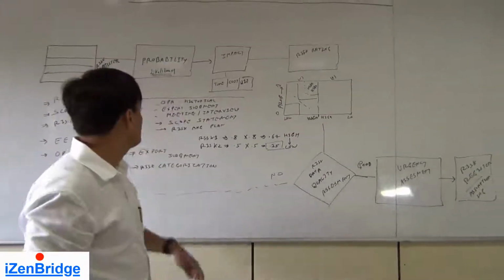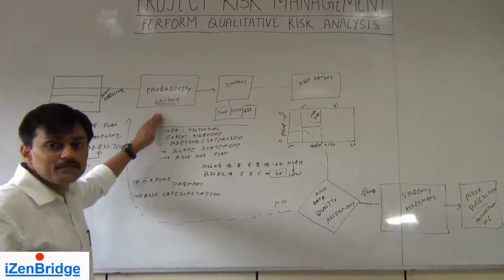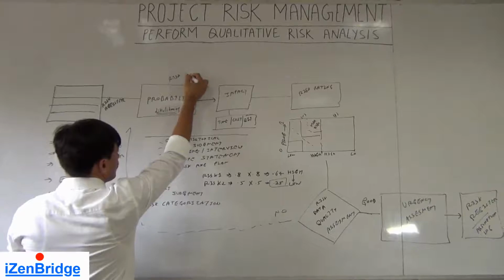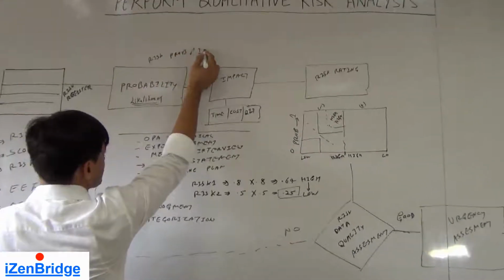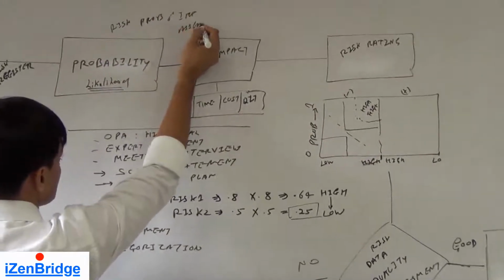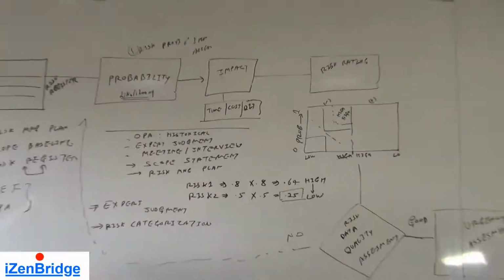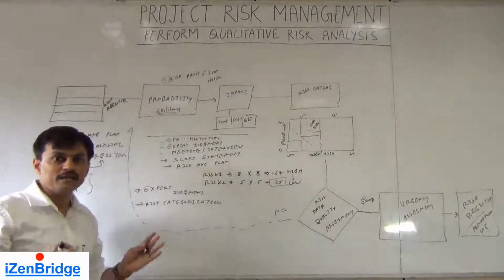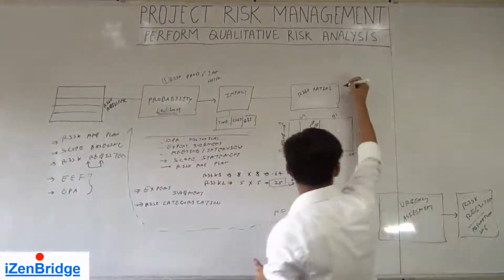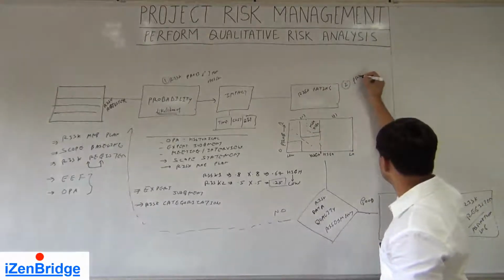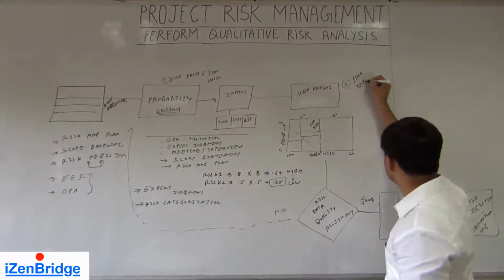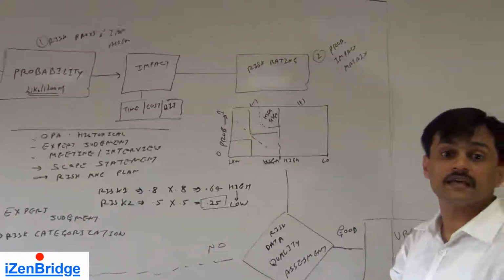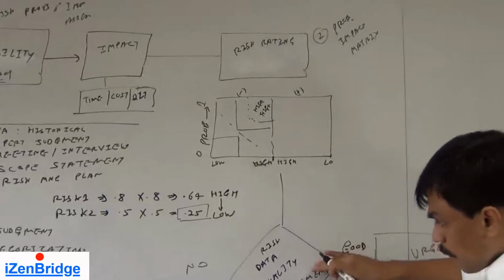Tools and techniques. The first tool and technique is risk probability and impact assessment. The second tool and technique which we use is the probability and impact matrix. The third tool and technique which we use is risk data quality assessment.